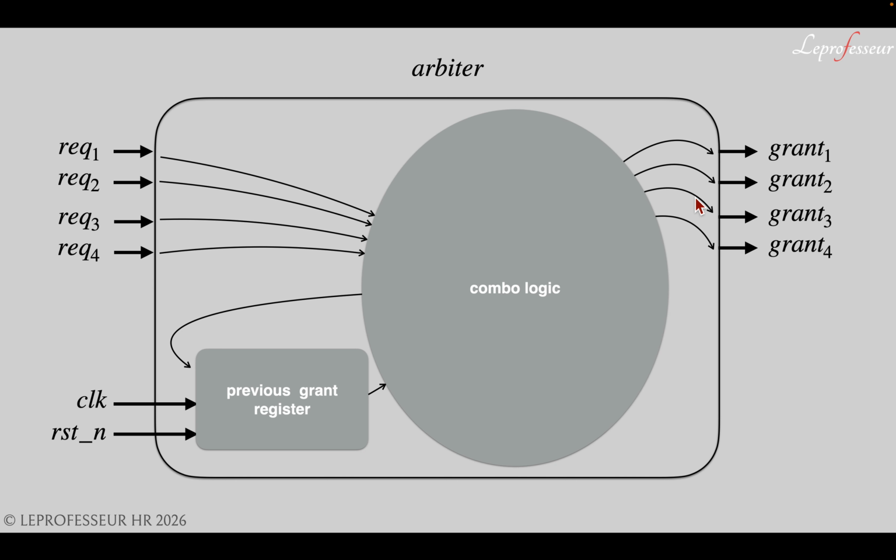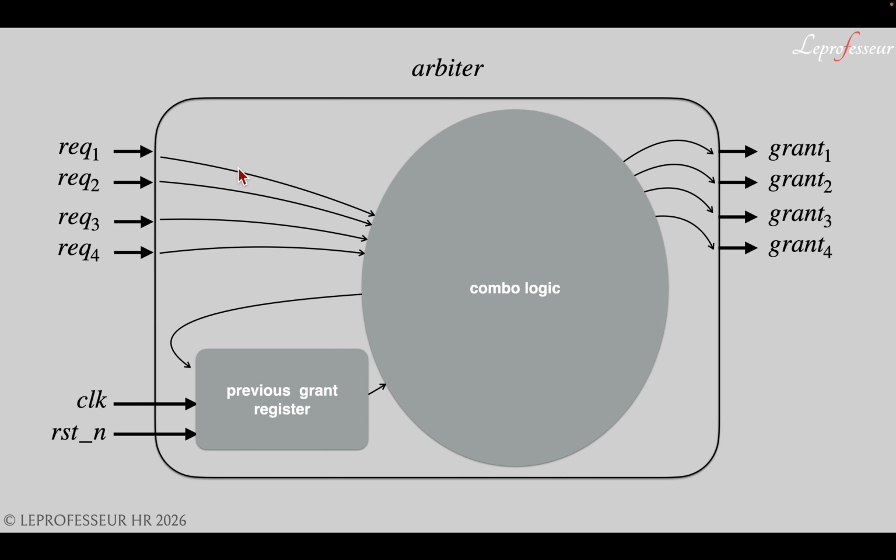So for the requesters, and which one you would give a grant, we think of some combinatorial logic and some sort of a register. Here I'm calling this register the previous grant register, which means that if requester one got access, this register will hold the state that I have given requester one access.